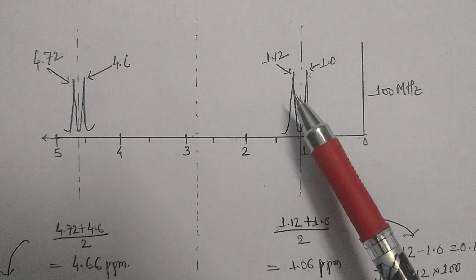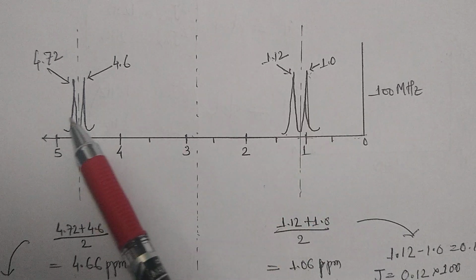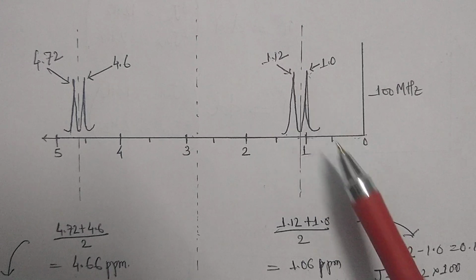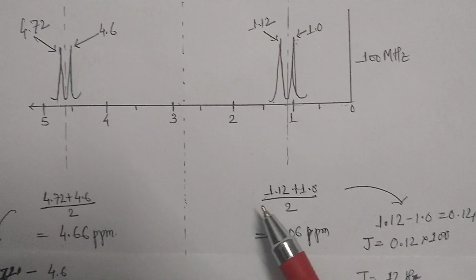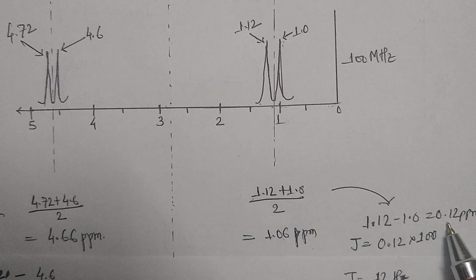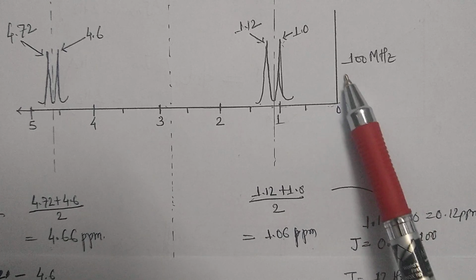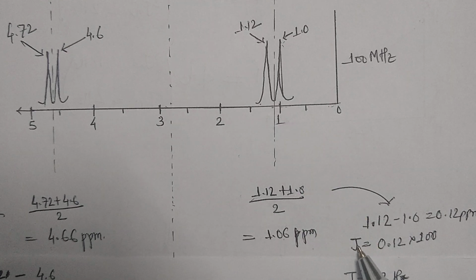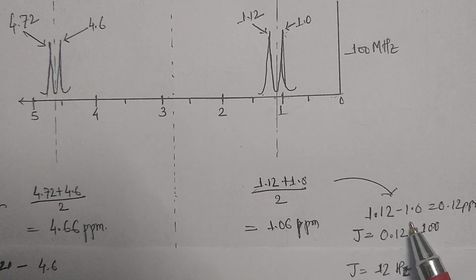Likewise we can calculate the value of the coupling constant for these two doublets. For this doublet here the separation between these two peaks will be 1.12 minus 1.10, that will be 0.12 ppm, and for this 100 megahertz instrument 1 ppm will be equal to 100 hertz, that we already know. So J will be equal to 0.12 into 100 hertz, that will be 12 hertz.